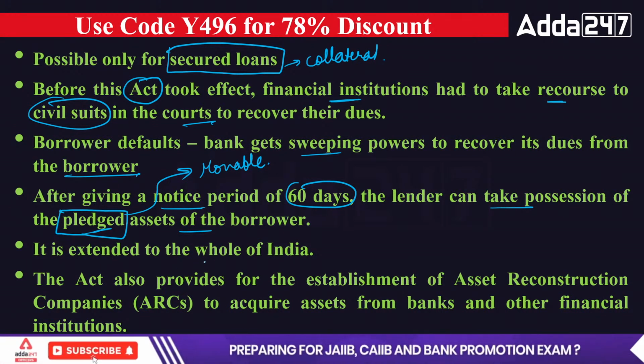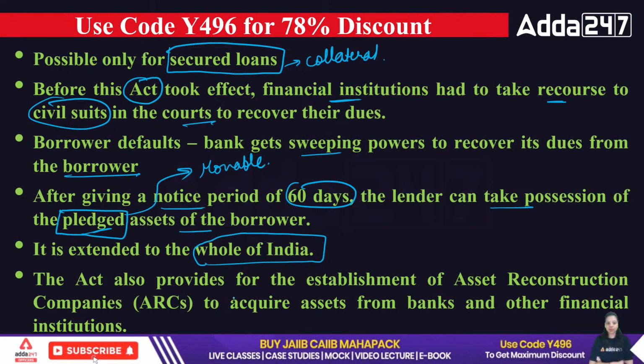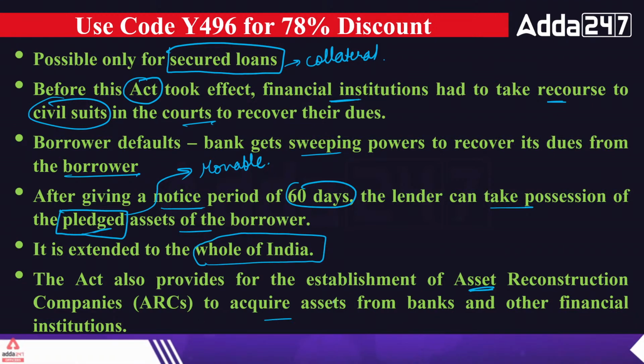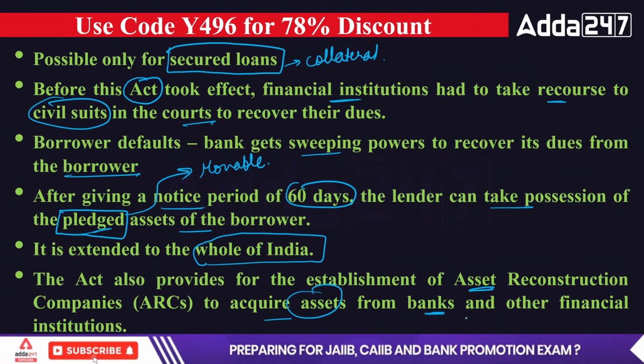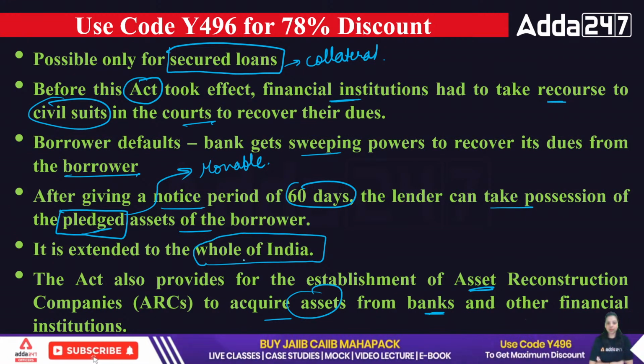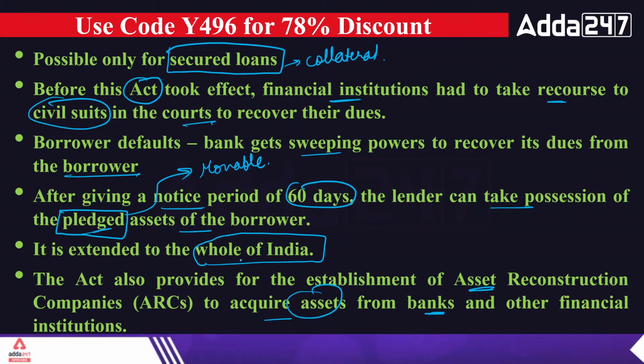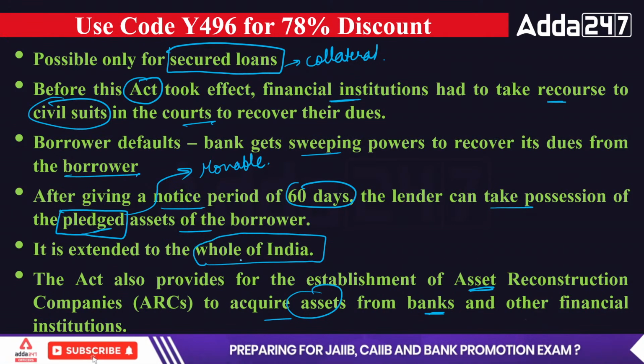It is extended to the whole of India, everywhere the SARFAESI Act is applicable. The Act also provides for the establishment of asset reconstruction companies to acquire assets from banks and other financial institutions. The SARFAESI Act helps establish asset reconstruction companies that acquire the NPAs from the bank, then sell in the market and recover their money.